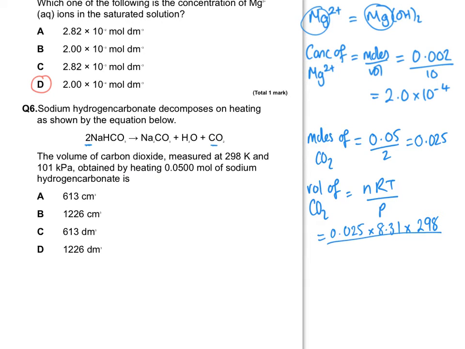Pressure, however, is in kilopascals, so we need to change that into pascals, which gives us a value of 6.13 times 10 to the minus 4. But remember, that's in metres cubed. If we want to convert it into centimetres cubed, we multiply it by 1,000,000. So that gives us an answer of A.